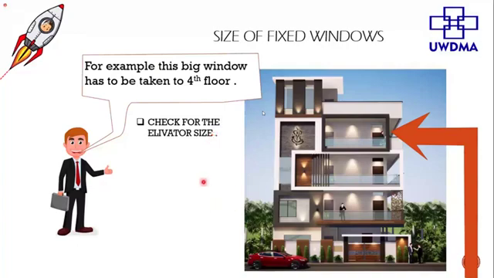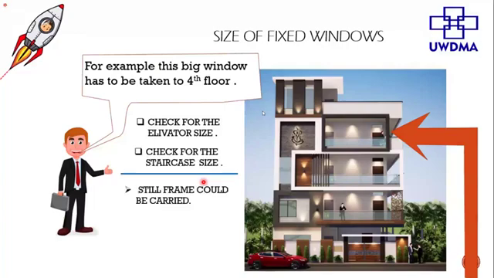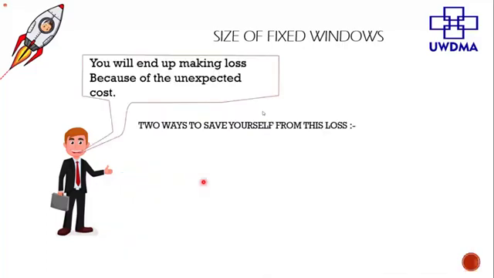So before finalizing your windows, especially bigger ones, always check the window size, the elevator size and the staircase size, and whether you can carry that window to the location or not. As I've told you, the frame could be carried, but the biggest problem is your glass, especially big and heavy glasses. In this case, of course, you will end up making losses because of these unexpected costs.